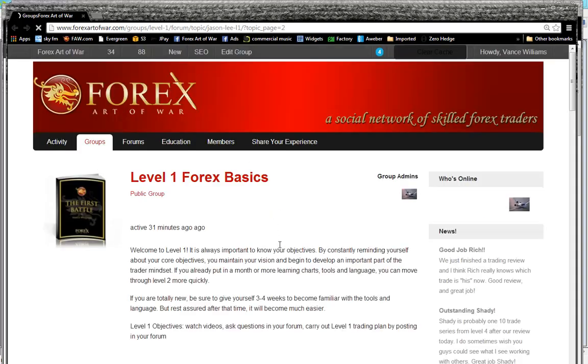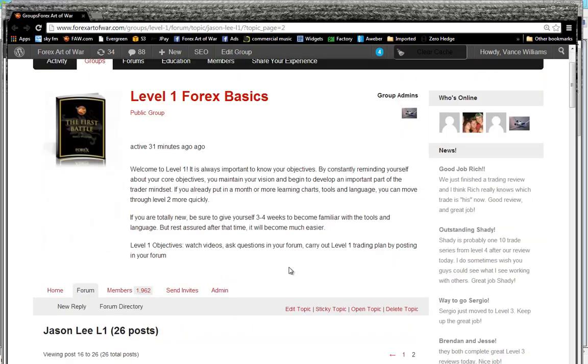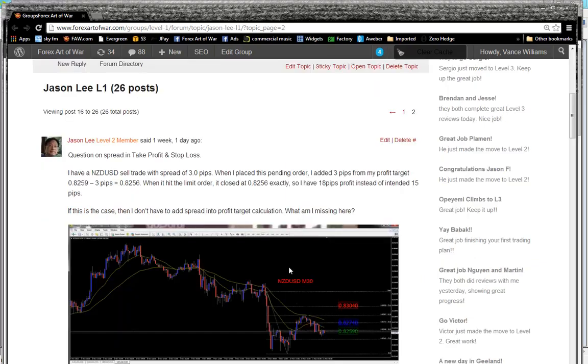And by the way, when you reach a level, you can go back. Let's say you get to level 3, and you've heard that Brendan has done a great job. You can go back to Brendan's level 1 forum and see that he entered our program with no experience whatsoever, and you can literally follow his progression all the way to level 3, or if he's in level 4 at that time. So that's some cool stuff here.